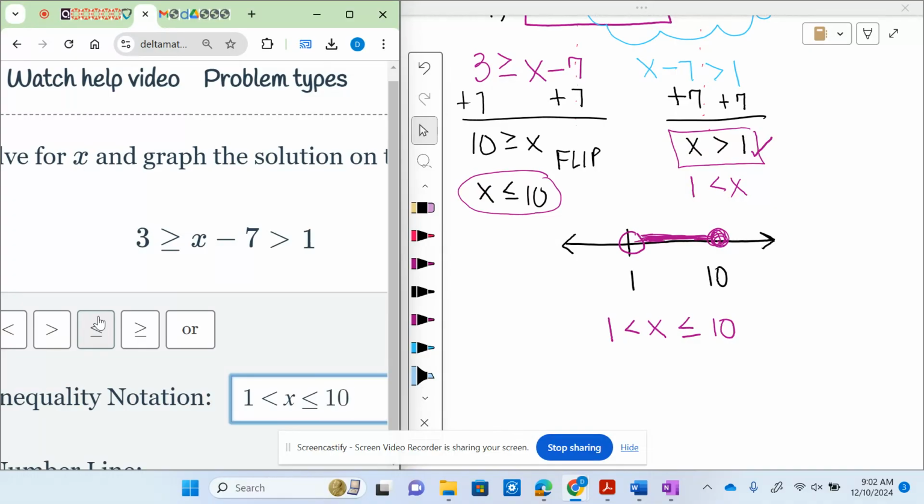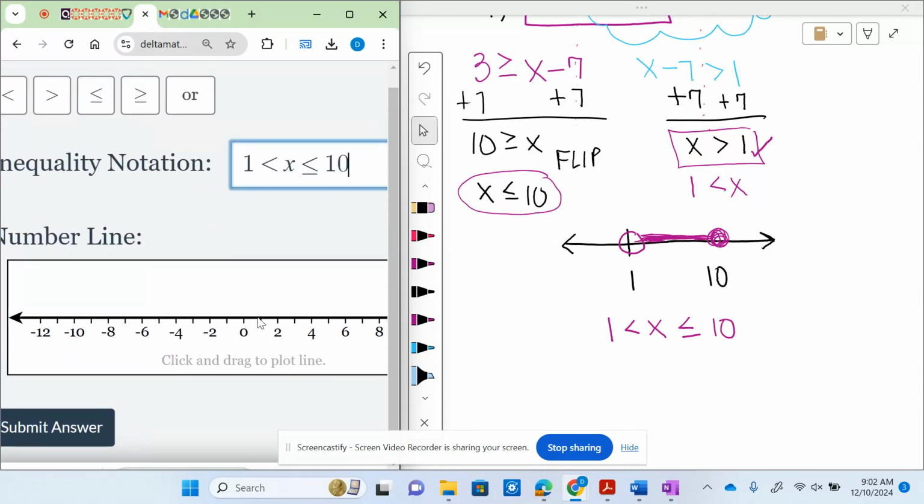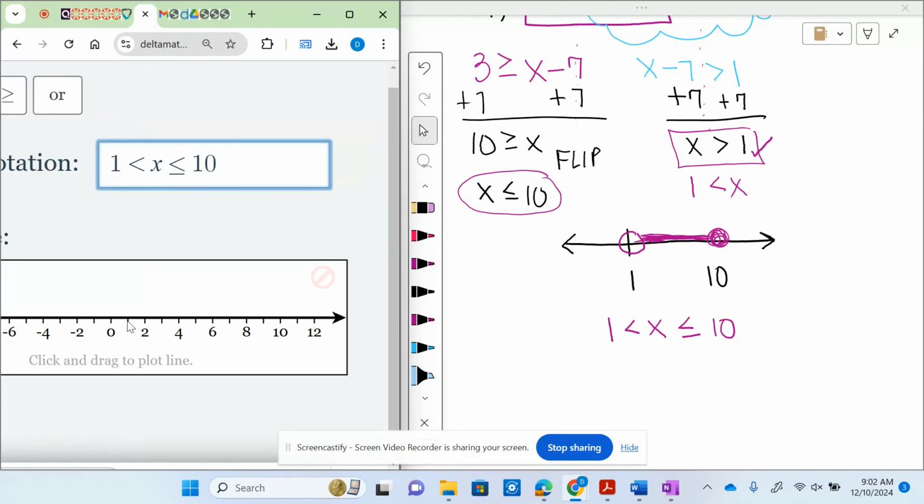You have to put your inequalities in number order from smallest to largest. I'm going to click on the +1, and I'm going to drag it all the way to the 10. And then I'm going to go back to the 1 and put it as an open circle.